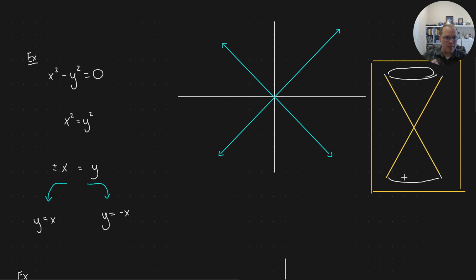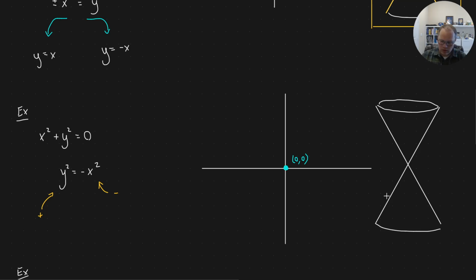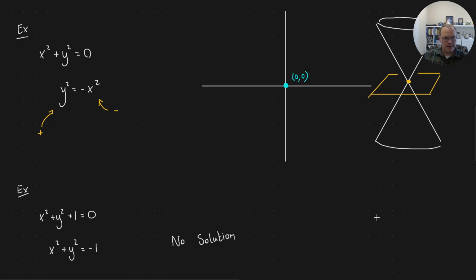Those two lines would be the section that we would get. So this is a conic section. This point is a conic section also. If I take a horizontal plane that goes right through the center here, it would intersect at just a single point. So a point is a conic section.